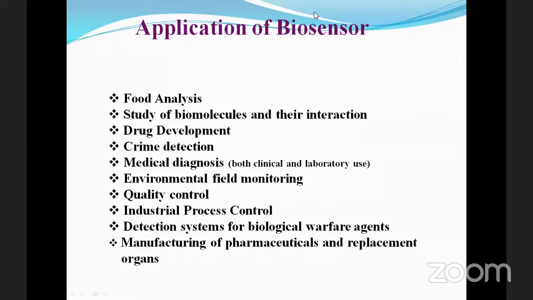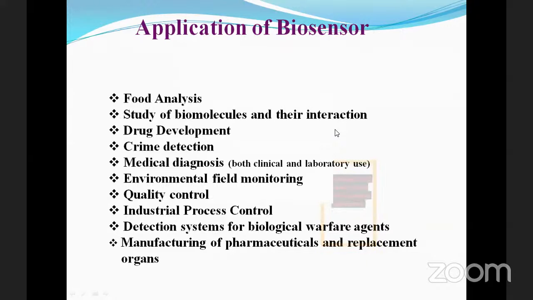Coming to applications of biosensors in a broader perspective, they can be employed in four major areas: food quality analysis, agricultural analysis, environmental quality monitoring, and biomedical diagnostic systems. In drug development, biosensors are applicable for crime detection and criminology.